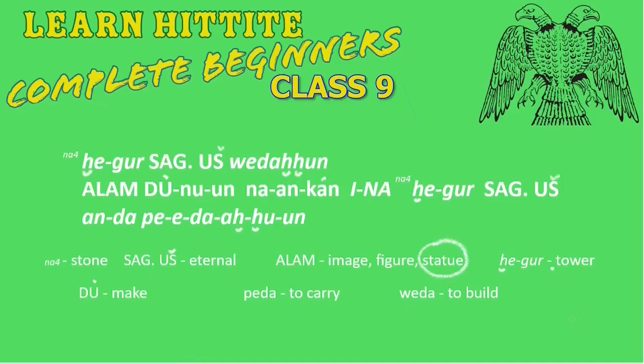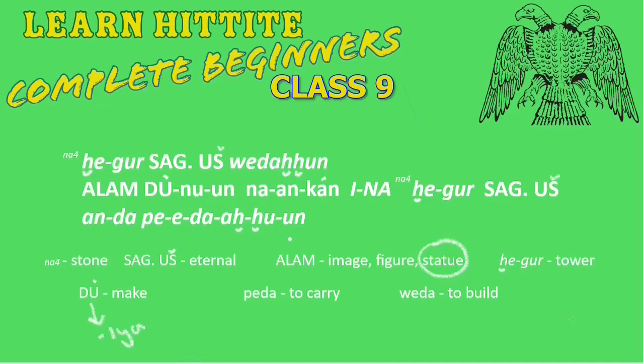Chigur, meaning tower or any type of elevated building. Du is actually a sumerogram which represents the Hittite word ia, the verb to make. Peda, verb to carry. Weda or ueda, the verb to build.